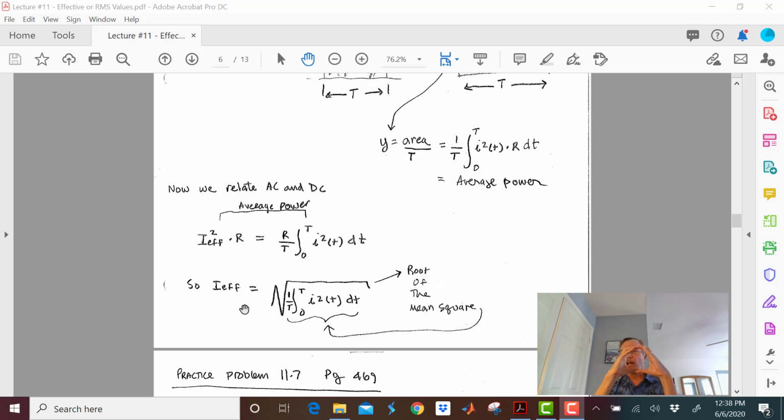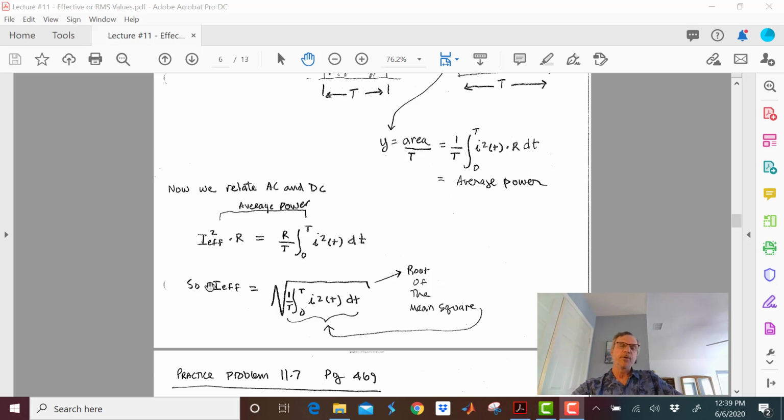I'm just talking about that source, the little circle with the current arrow, or the voltage plus and minus terminals. So I effective or I RMS describes that current or voltage only. It has nothing to do with the circuit.